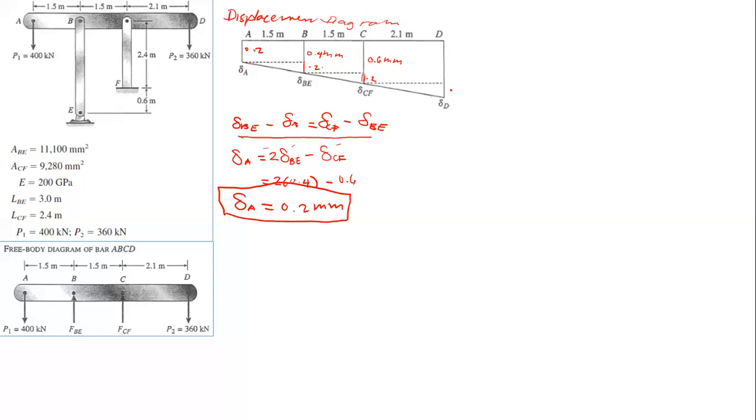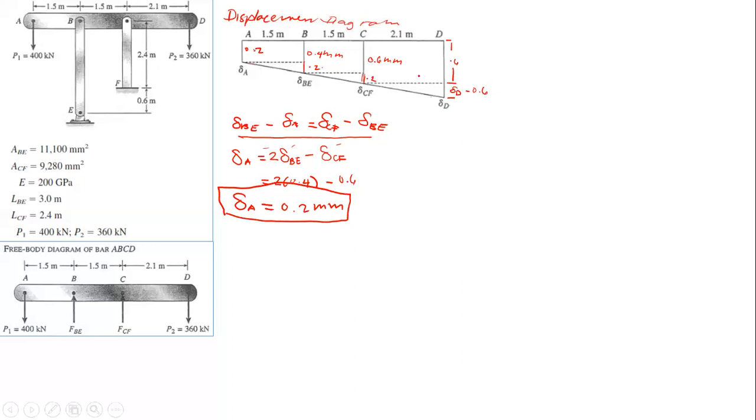So that is our problem. We know that from this point up to this point is 0.6. So what is this distance? This distance is equal to delta D minus 0.6.